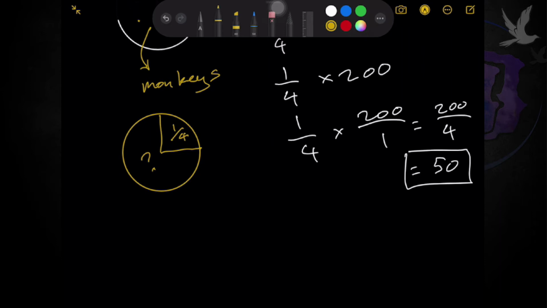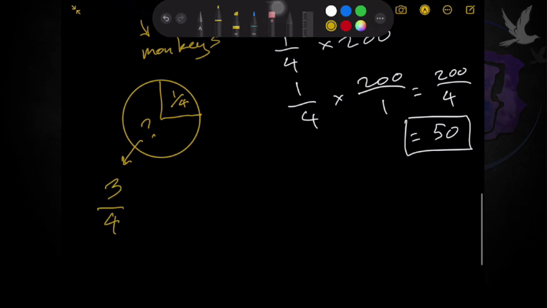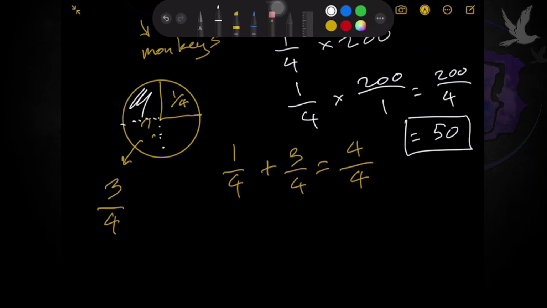So, please lang, dapat alam nyo yan. Okay? As a grade 6 student, you should know this. That this should automatically be equivalent to 3/4. Okay? Automatic yan. Kasi nga, 1/4 plus 3/4 will give you 4/4. So, lahat yan. If I'm gonna shade this pa, if there's a need for me to shade para makita nyo lang, basic fraction yan. You have 1, 2, 3 shaded parts out of 1, 2, 3, 4 parts.